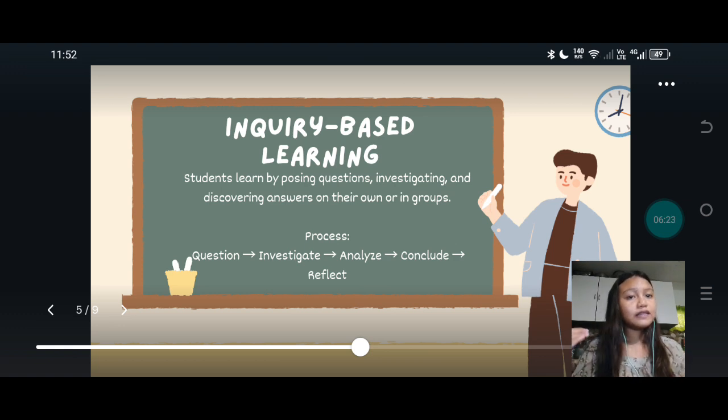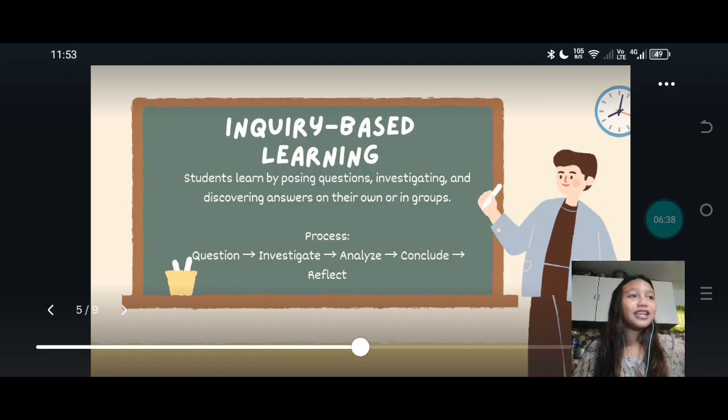So that is inquiry-based learning. It's more like student and curiosity driven learning.